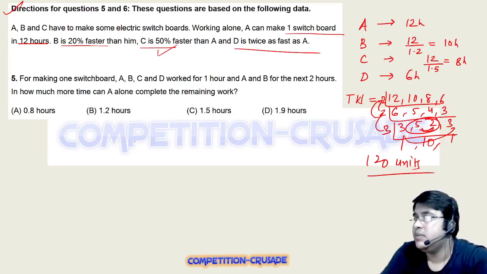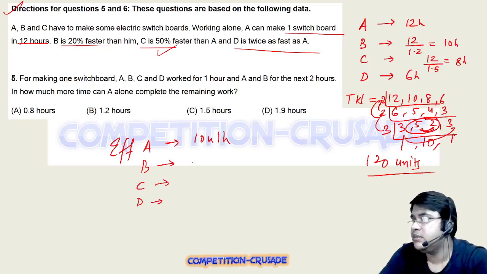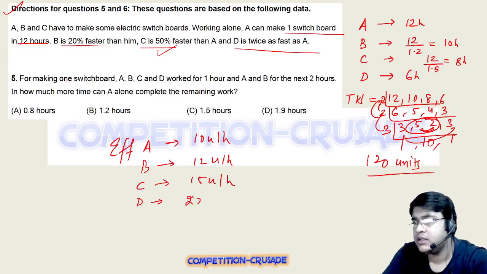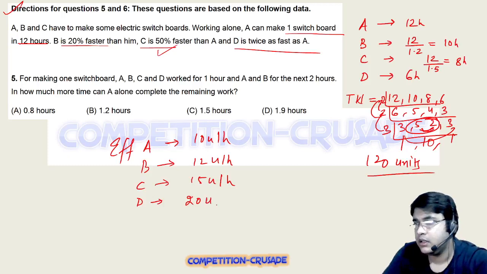Now let's calculate the efficiency of A, B, C and D. A's efficiency is 10 units per hour, the second one's is 12 units per hour, the third one's is 15 units per hour, and D's will be 20, because D is 2 times as efficient as this person.